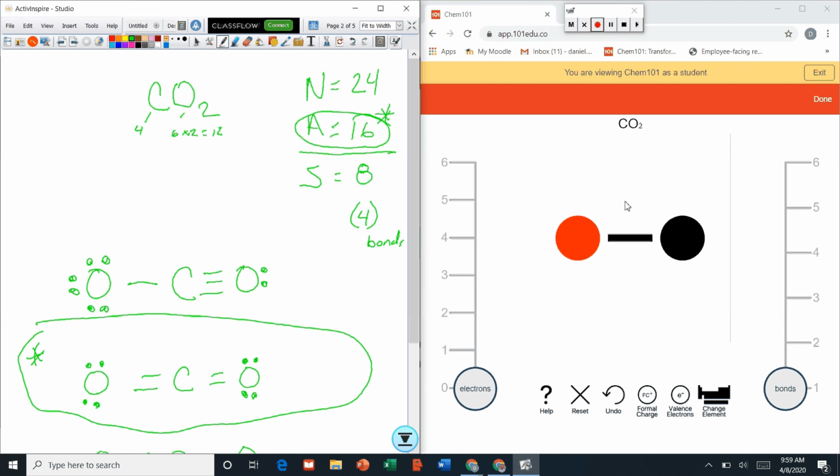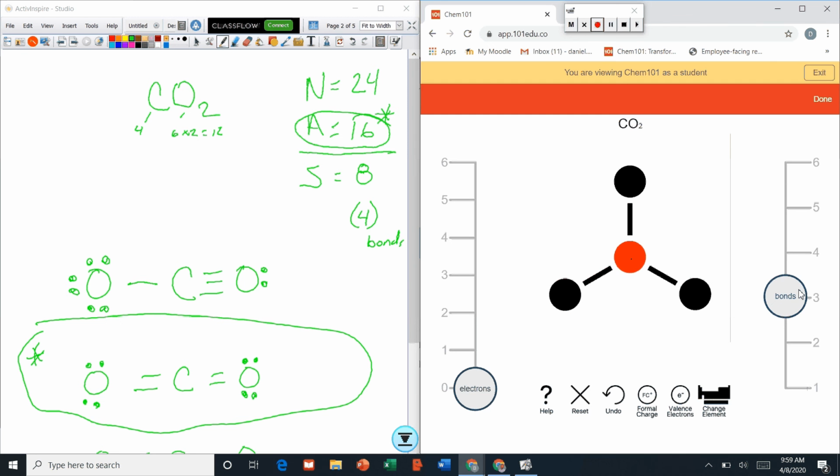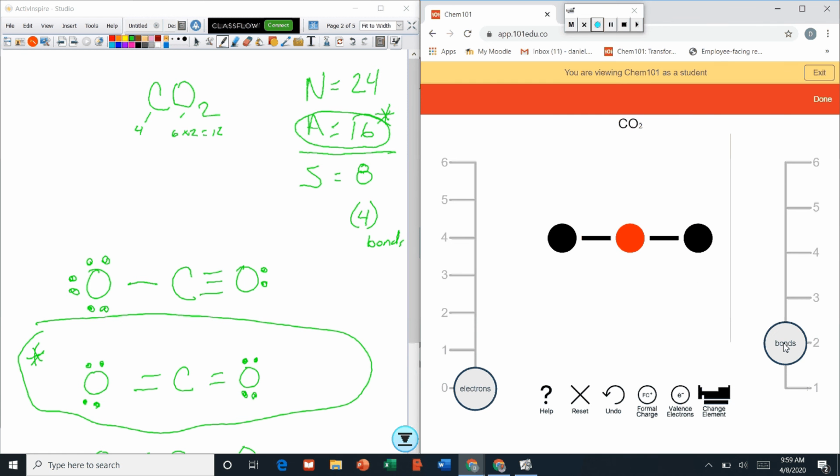So let's do it on problem number 9 in here. First thing, I need 3 elements, not 4 elements.